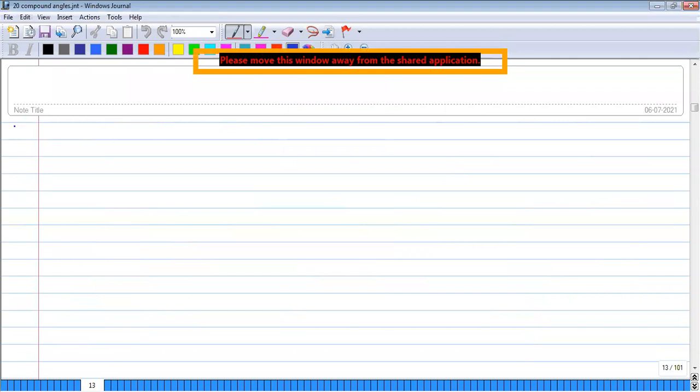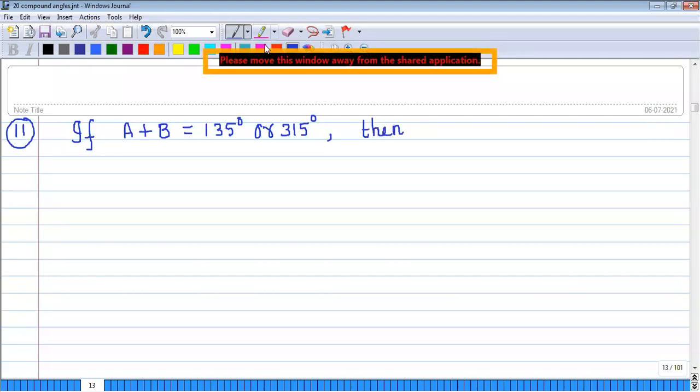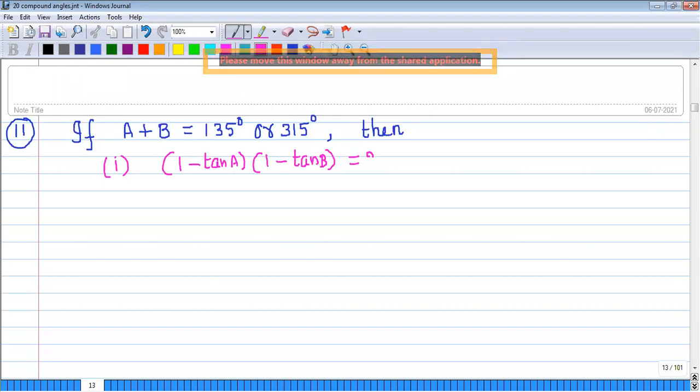Okay, let us start. 11th concept. If A plus B equals 135 degrees or 315 degrees, then first one, 1 minus tan A multiplied with 1 minus tan B equals 2.